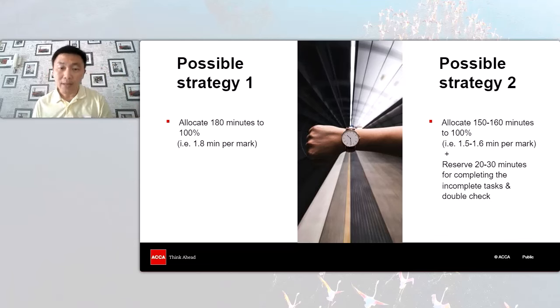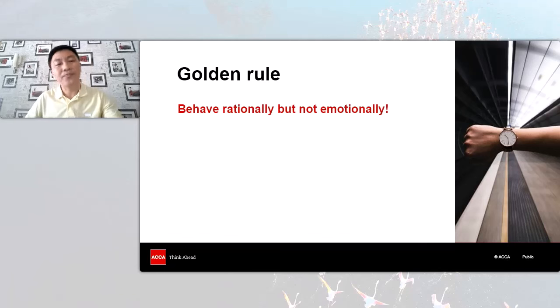Okay? All these plans will work only when you have the ability to stick to the plan and execute it accordingly. As such, here are the golden rules. If you want to ensure that you are able to go by the plan, please make sure your behavior is as rational as possible. Do not let your emotion override your rational behavior.